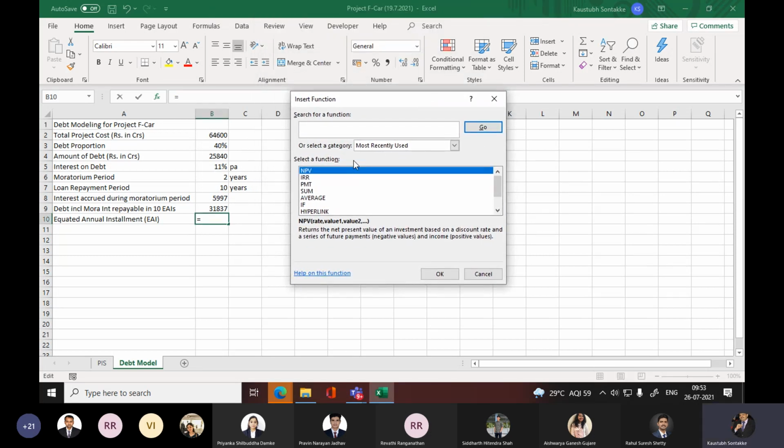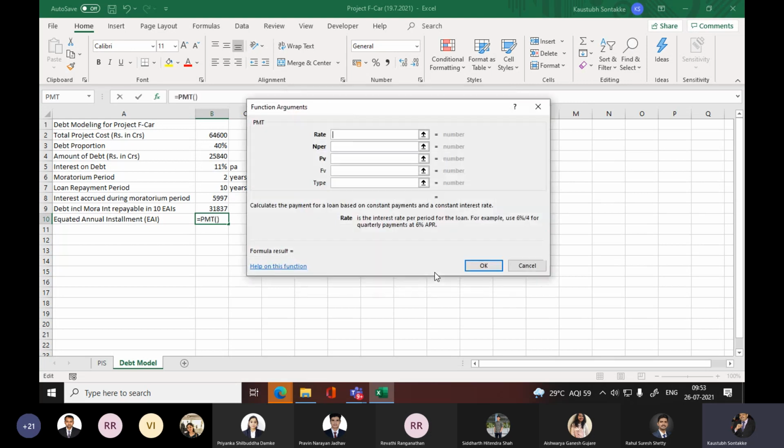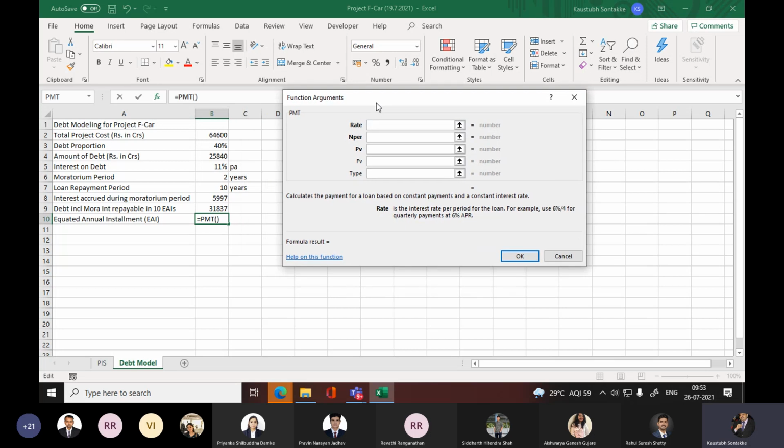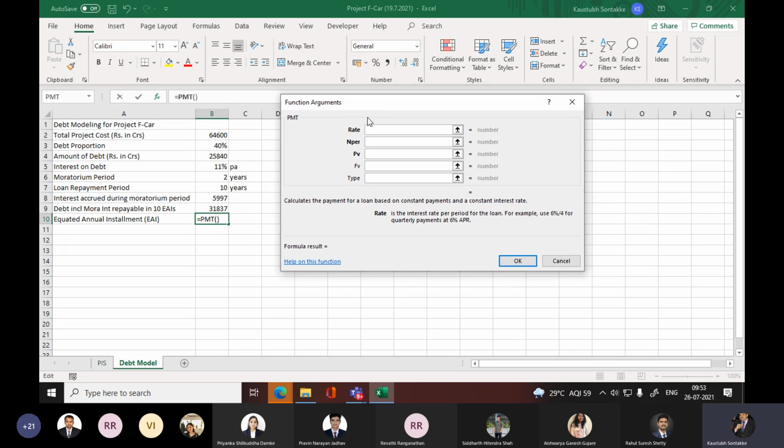In search for function you may write PMT and say go. You will have the very first formula, which is PMT. Say OK, and then this window will open in front of you.